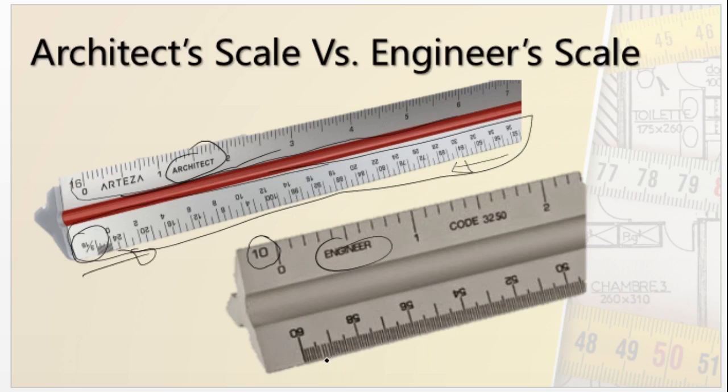But in engineer scale we will see only one-sided divisions on all sides, and that is rare in architect scale, just because as we have discussed earlier, in engineer scale we can use 6. So in this triangular scale we will have six sides, top and bottom in each of the 3 sides, so 6 portions we can use for 6 scales.